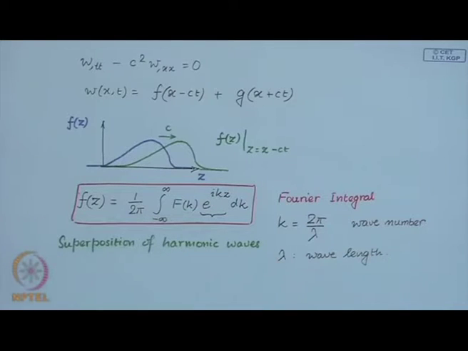Now, since we are dealing with linear systems, if a superposition of harmonic waves represents a pulse, then if we study the propagation of a harmonic wave, we can construct the propagation of our pulse by just superposing all these individual harmonic waves.